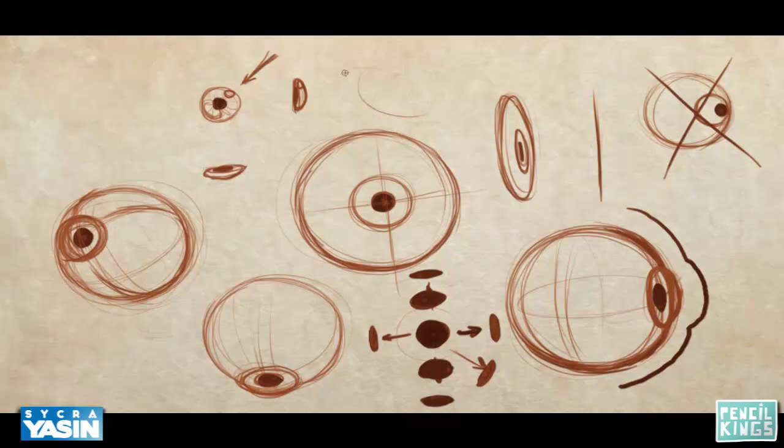So, from another view, the light's coming from here, and we're looking at this at a different angle, with this being the iris. You would get the highlight here, and then the light would hit through that lens on the opposite side.